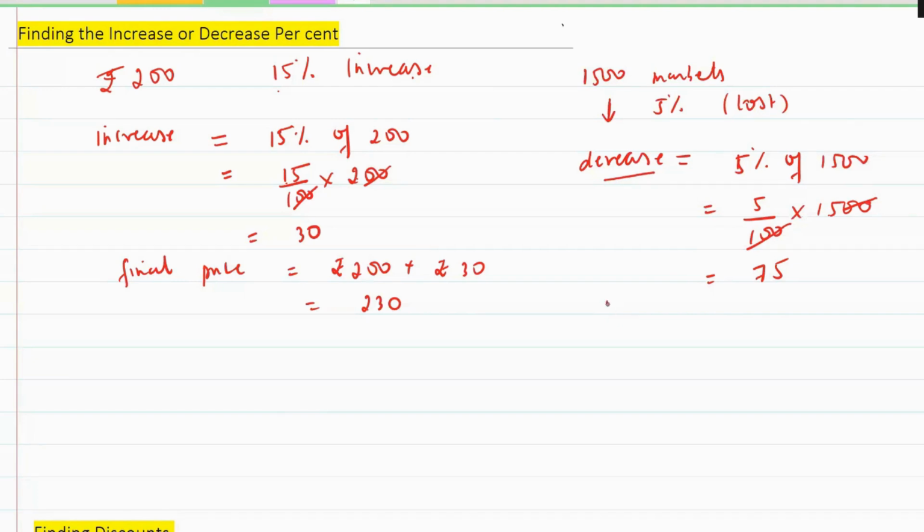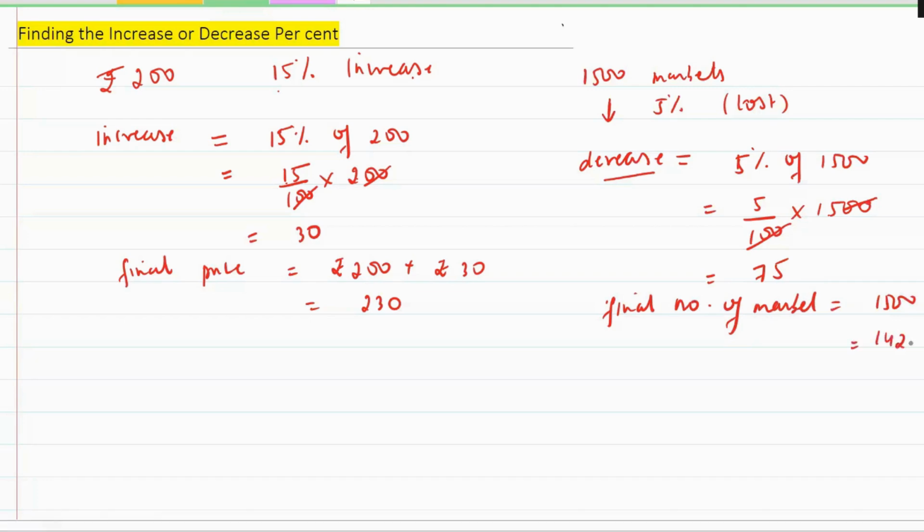So at the end, how many marbles does he have? The final number of marbles is 1500 minus 75, which is 1425. So like this, there can be many situations where there is an increment.